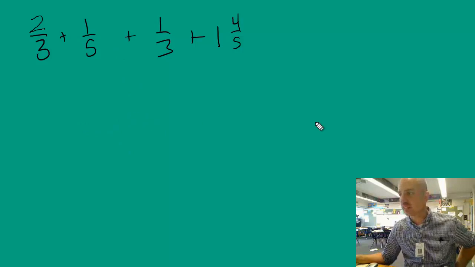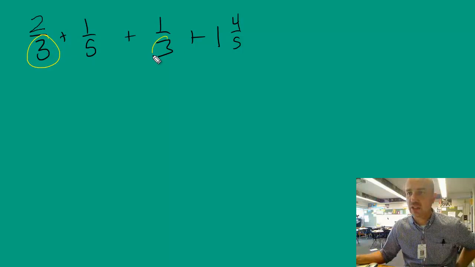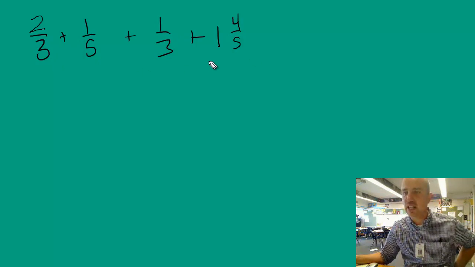So if we take a look at this problem, 2/3 plus 1/5 plus 1/3 plus 1 and 4/5, the thing I noticed right away is I have a third here and a third here, and I have a fifth here and a fifth here, right? So I know that I can group up my thirds and group up my fifths, and because I'm just adding them all together, it doesn't matter what order I'm doing this in.